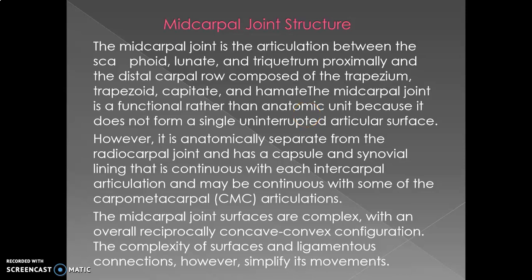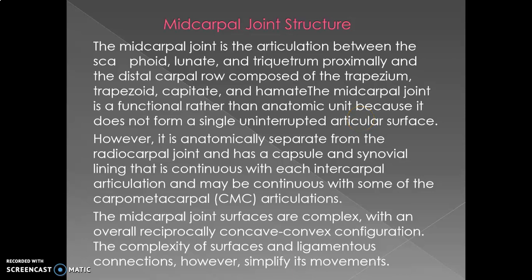Dear students, we are in the fourth part of the topic wrist and hand complex biomechanics. So we have understood that the differentiation of the radiocarpal and mid-carpal joints as different joints is basically due to the separate synovial capsule and synovial lining present in the radiocarpal.